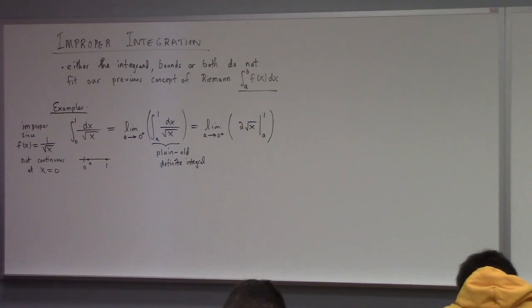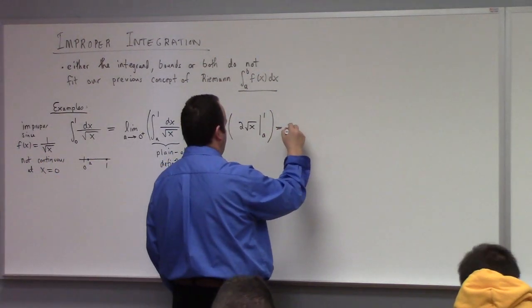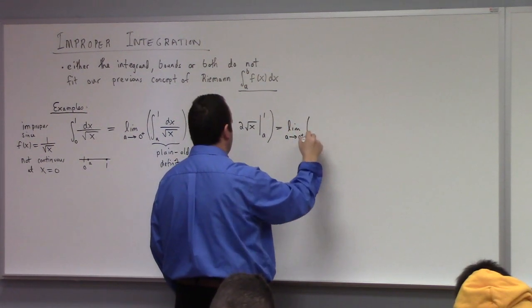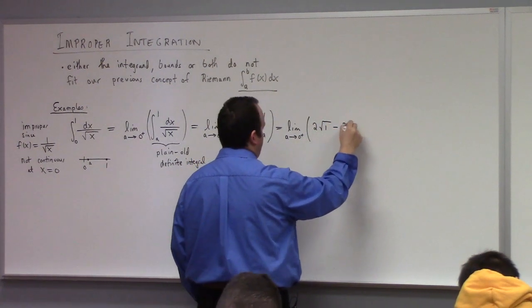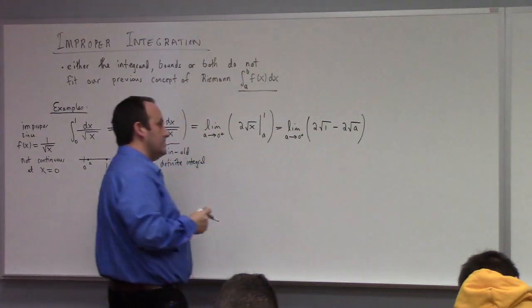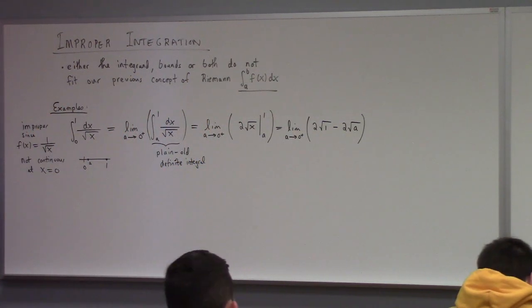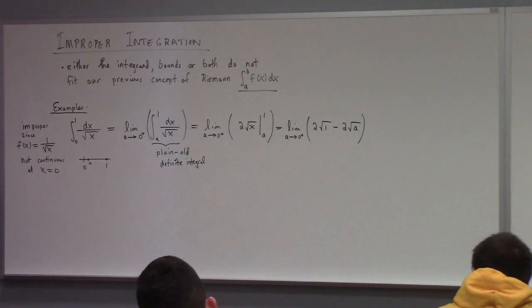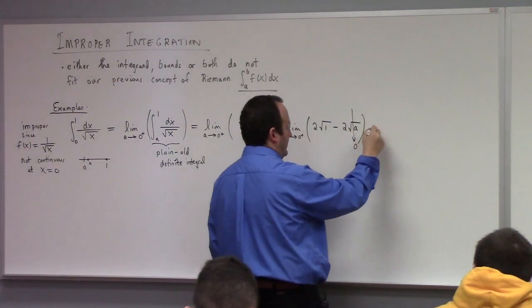And then how do we calculate that? The limit as a goes to 0 from the right of 2 times the square root of 1 minus 2 times the square root of a. And then how does that limit work out? This second piece goes to 0, and we're just left with 2.